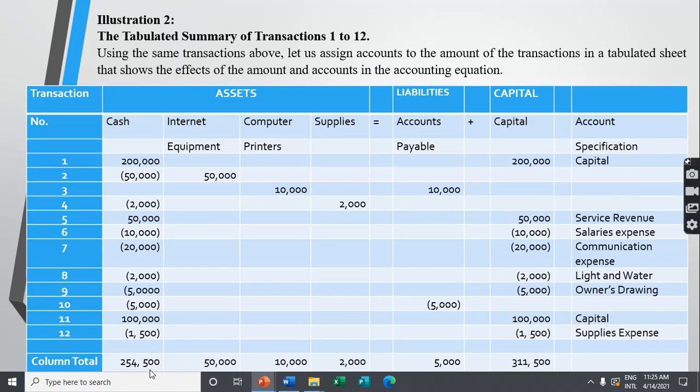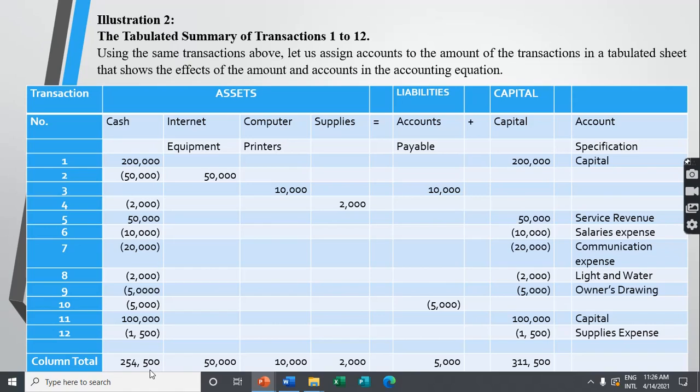So, magkano? 5,000 plus 311,500. Okay? 316,500. So, tama yung accounting equation natin. Tama yung amount nila. Na yung asset mo is 316,500 and yung liabilities plus capital mo is 316,500 also.